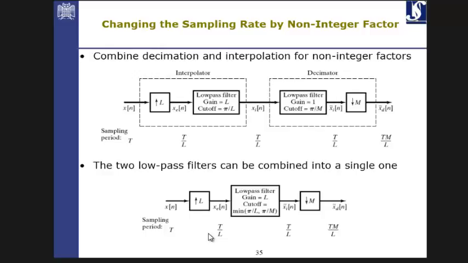Which one should be first, decimator or interpolator? If you use the decimator in the beginning, that's the danger of losing information. So it's better to have the interpolator in the beginning than to have the decimator. When you have the non-integer form of changing the rates, it's better to have the cascaded form of the decimator and interpolator, with interpolating coming first.